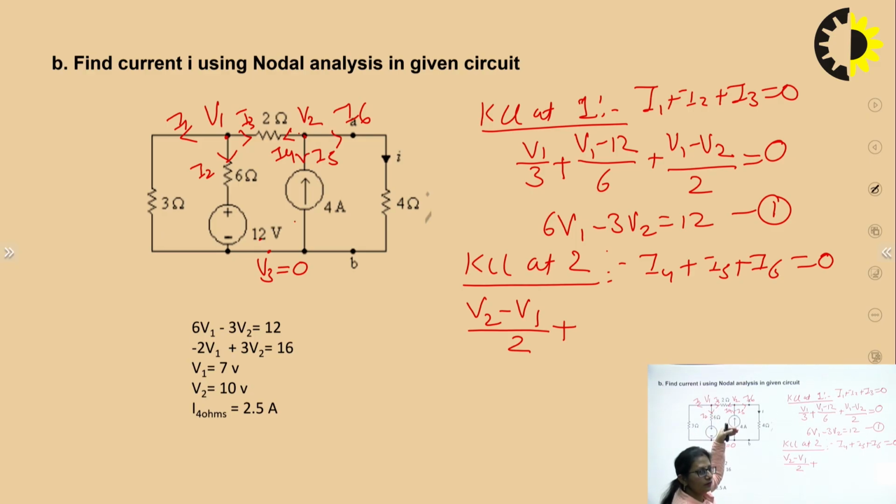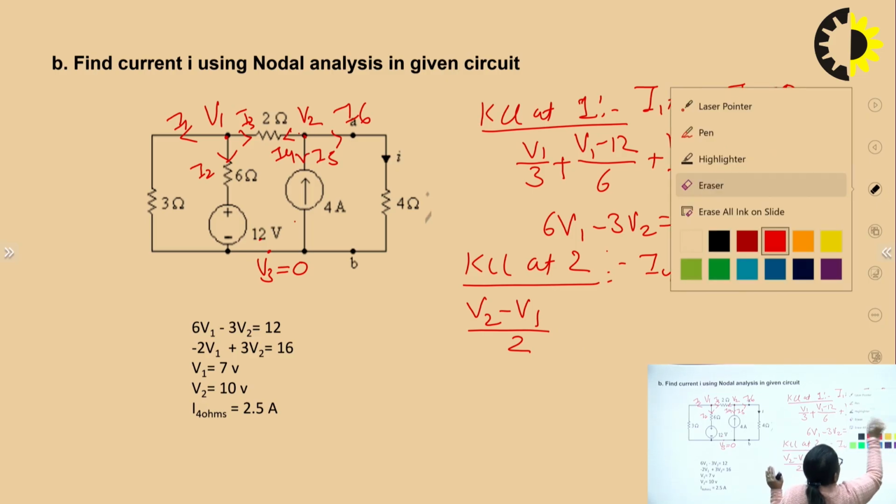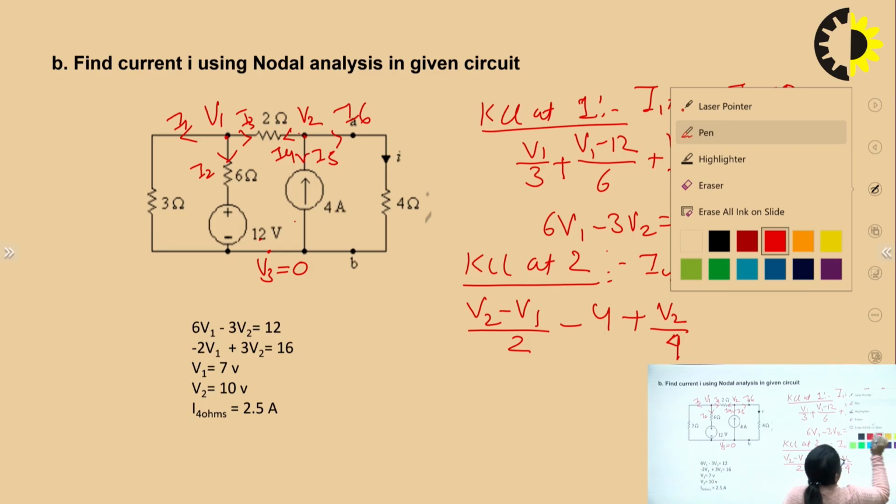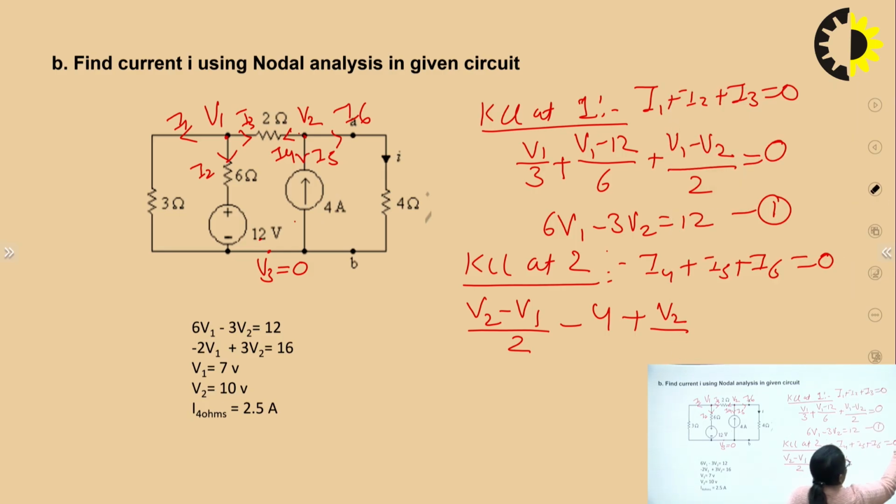The current itself we know for this branch, and that is 4 amperes upward. We are considering it as downwards, so instead of positive, we'll write it as negative. So it will be minus 4 plus I6, the current flowing in 4 ohms, which I'll consider as V2 upon 4, that is equal to 0.